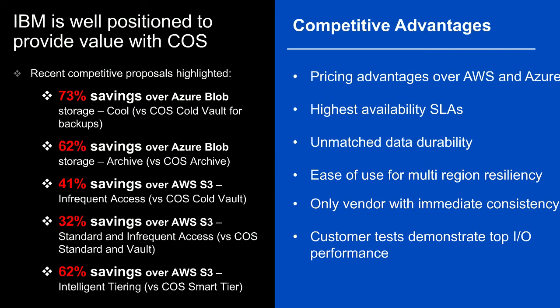We also provide the capability to spread things, say, across North America or across Europe, so that you could have your data in San Jose, part of it in Dallas, and the other part in the East Coast in Washington area.